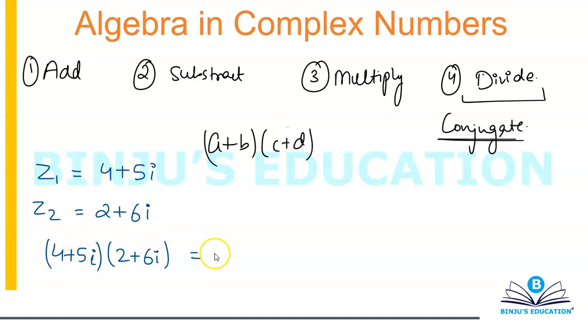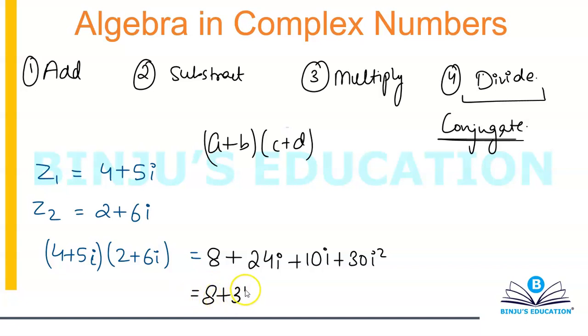4 into 2 is 8. 4 into 6 iota is 24 iota. 5 iota into 2 is 10 iota. 5 iota into 6 iota is 30 iota square. Now what is iota square? Iota square is negative 1. This will become 8 plus 34 iota plus 30 into minus 1.